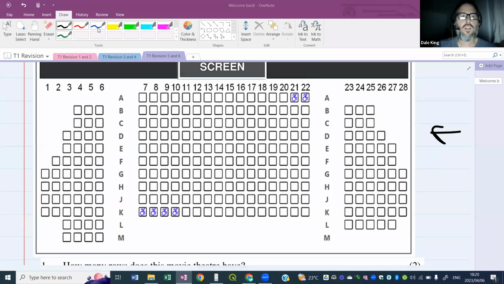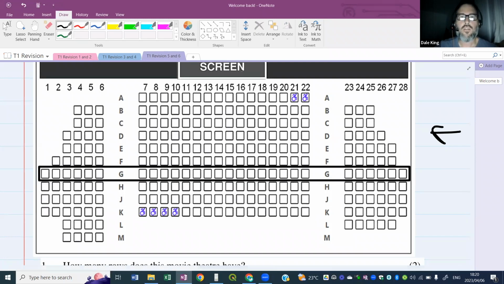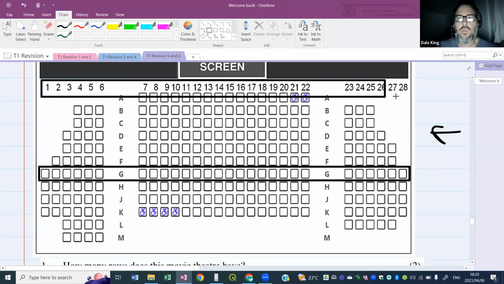All right, let's have a look. If I look across here, this is all row G. All of this is row G here. So how many seats are there? I picked row G because it's a little bit easier, but if we look at the top, the column reference numbers are there at the top.